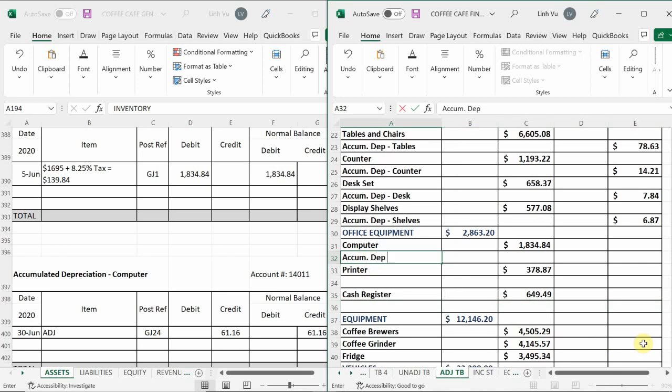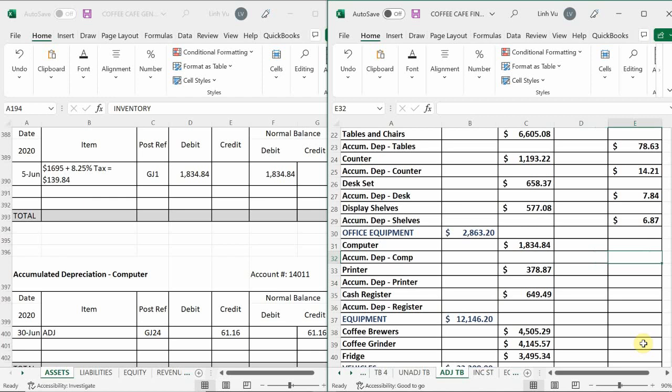So accum depreciation for the computer. Okay. Accum depreciation for the printer. Okay. And I have an accum depreciation for the register.